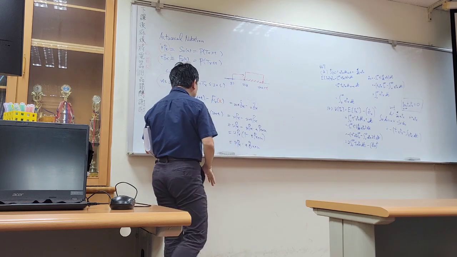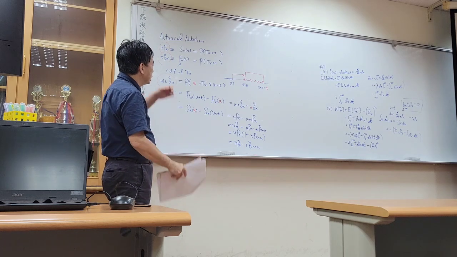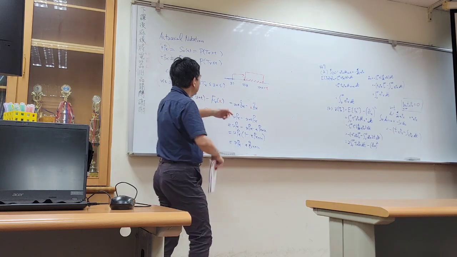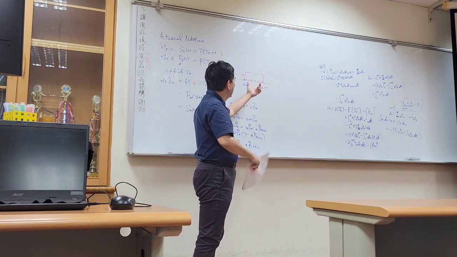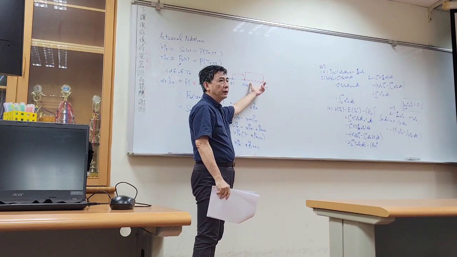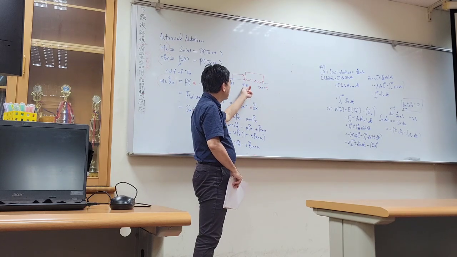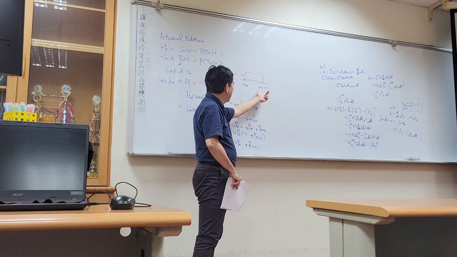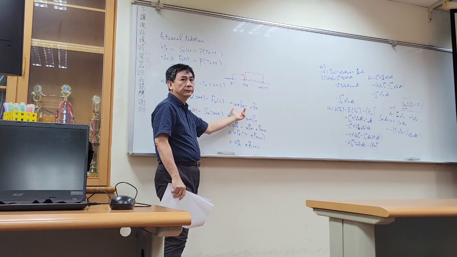So what does that mean? I'm going to find the probability that the survival time is between X plus U and X plus U plus T. So what is the probability of that? Right?